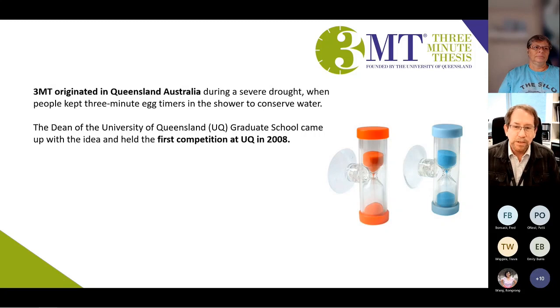And I guess it was the dean of the University of Queensland graduate school who was in the shower one day, probably getting ready to attend a 2-hour-long dissertation defense, when they put 2 and 2 together and came up with this 3MT competition. The first one was held at the University of Queensland in 2008.